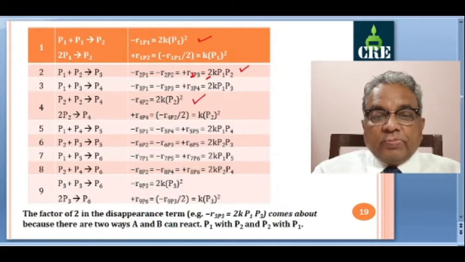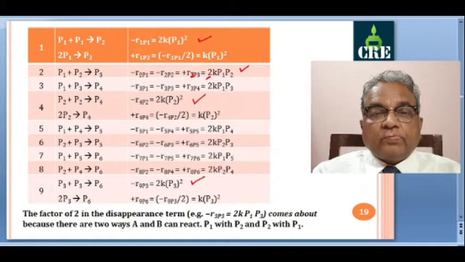So rate of disappearance of P3 can be written as 2K P3 square. So we have here rate of disappearance of P1 2K P1 square, rate of disappearance of P2 2K P2 square, rate of disappearance of P3 2K P3 square.